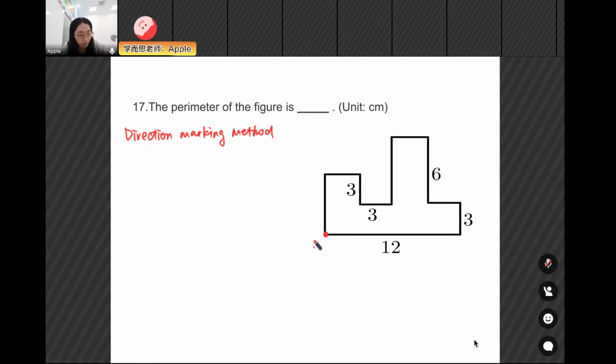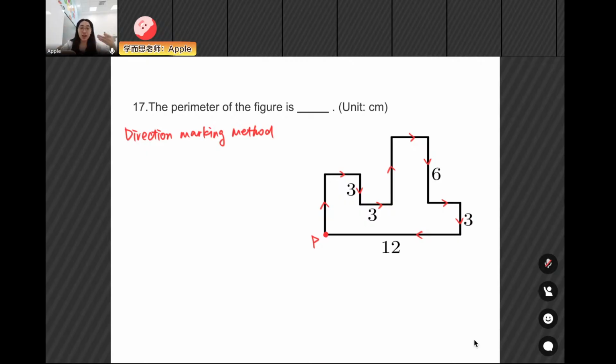For example, I start from here. And then let's have a look. In order to get back to the original place, I need to move up, move right, down, right, up, right, down, left, right?